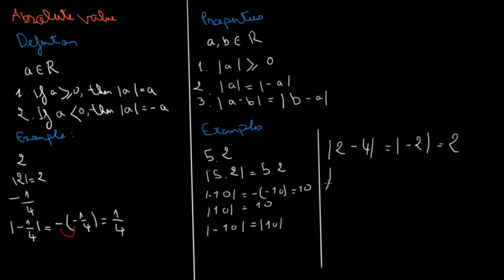And if I take this time b minus a, which in this case is 4 minus 2, the absolute value is simply the absolute value of 2, which equals 2. And you can see they are really equal. You can see that these statements are always true for all real numbers. And you can actually use them when we're solving equations, because sometimes they're useful.